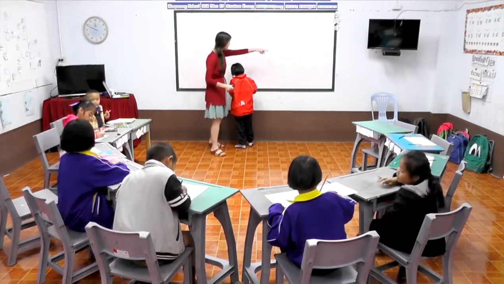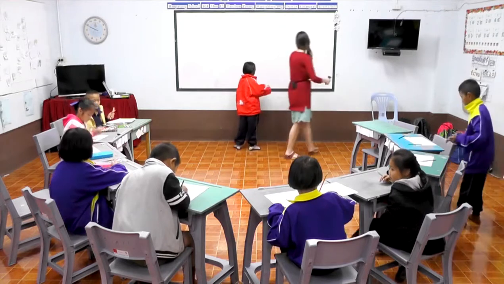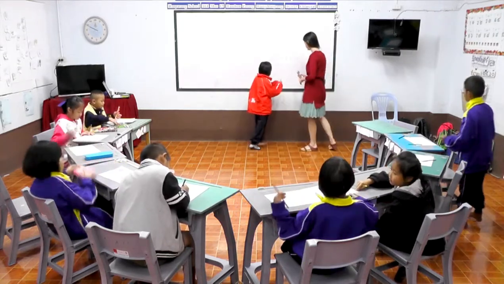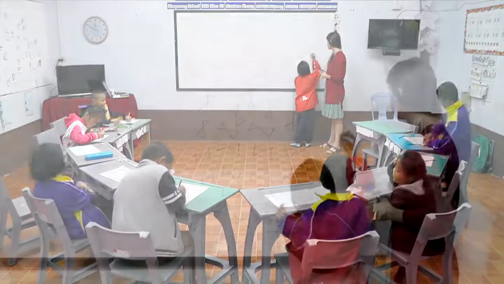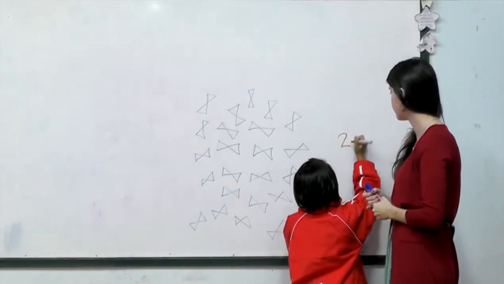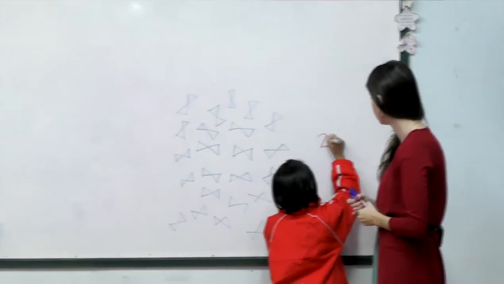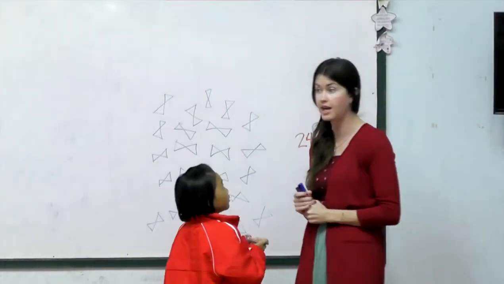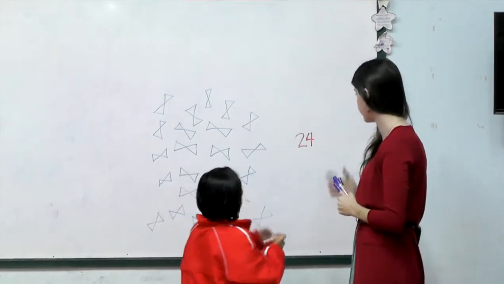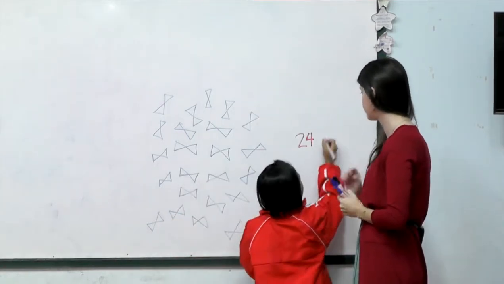Or actually, let's do it over here. I think we can fit it over here. You choose. So 24. Nice and big. Very nice. 24, we're going to divide or share. Do you remember how to make the divide sign?